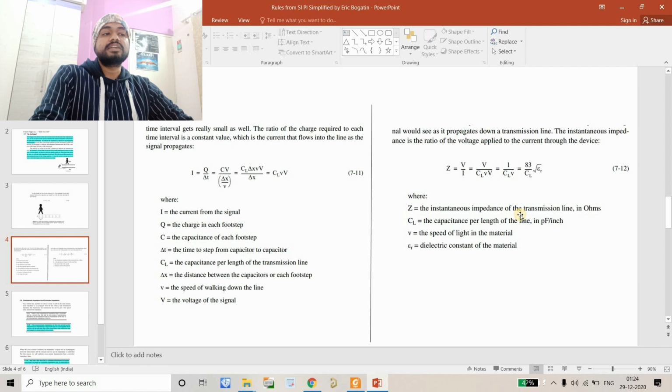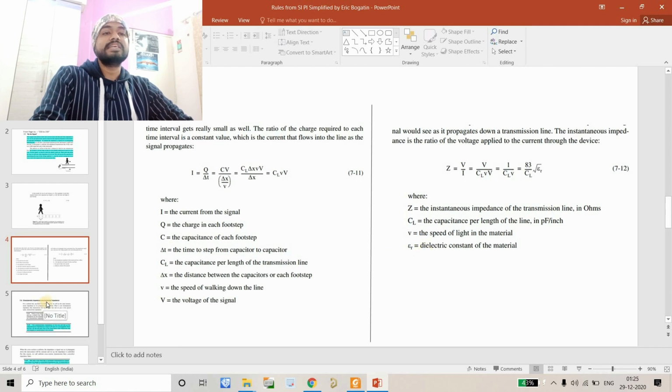And we'll get the instantaneous impedance of a transmission line in ohms, right? So from all this discussion we can see this is how our instantaneous impedance is related to the coupling between the signal and its return path, and that also depends on the dielectric material properties.